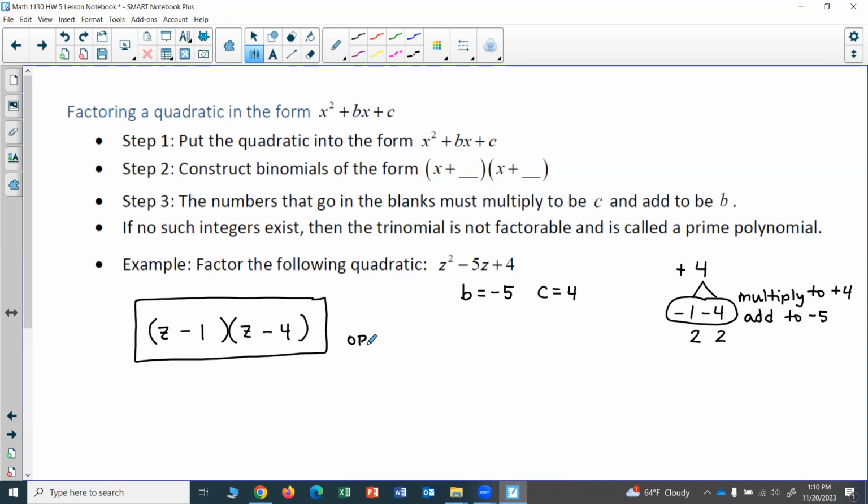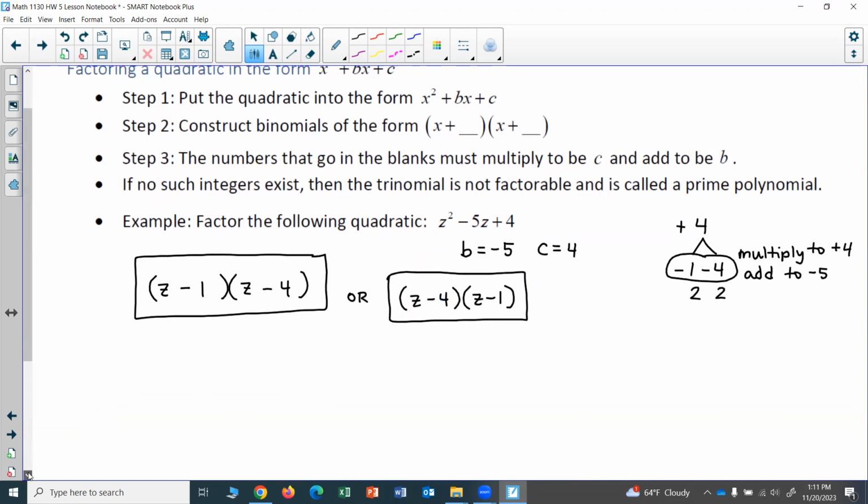So another valid answer would be parentheses z minus 4, close parentheses, z minus 1, close parentheses. These are equivalent because multiplication is commutative, meaning it doesn't matter which factor you write first when you're multiplying.